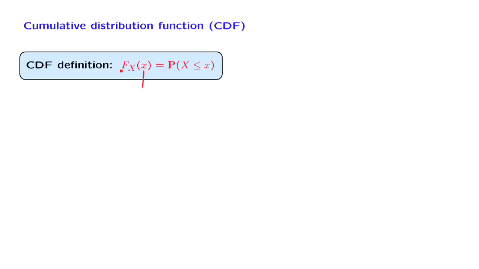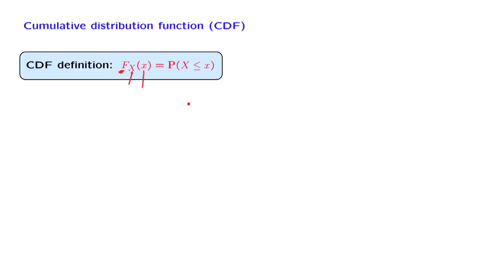We will always use uppercase F's to indicate CDFs, and we will always have some subscripts that indicate which random variable we're talking about. The beauty of the CDF is that it just involves a probability, a concept that is well defined no matter what kind of random variable we're dealing with.